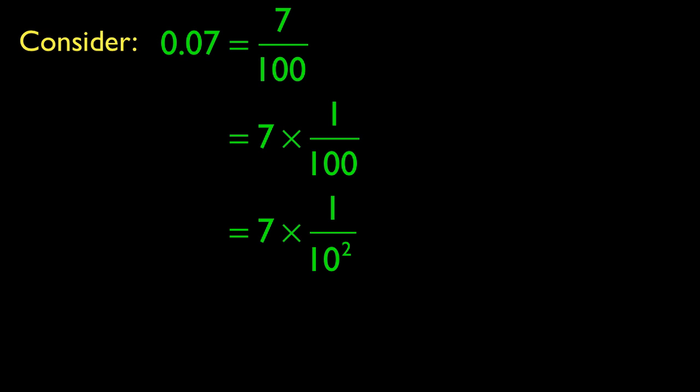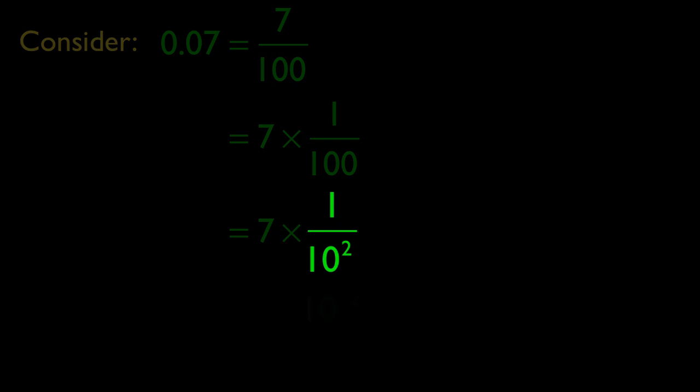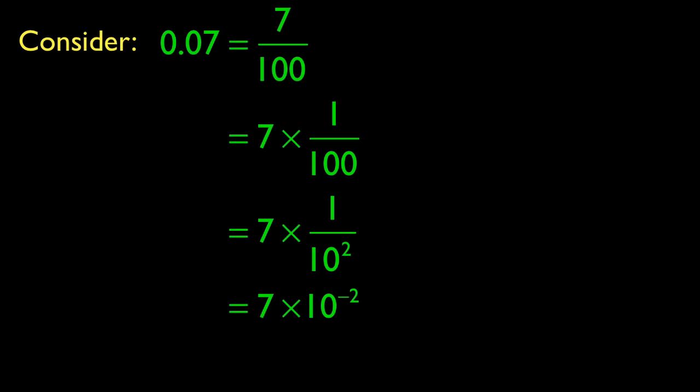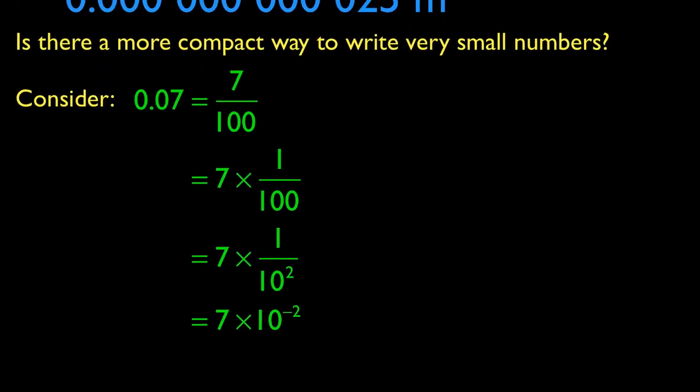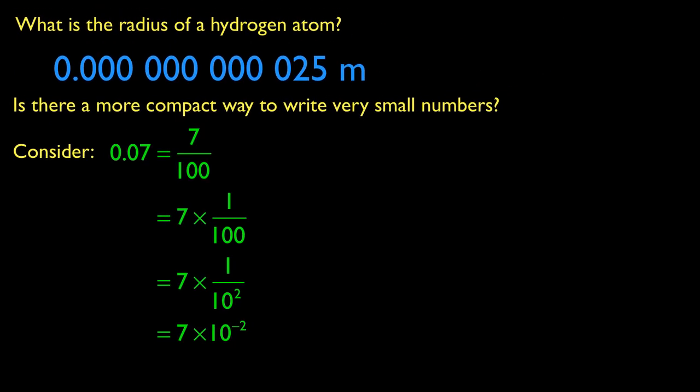Now, I also understand from the video that we did on negative exponents that 1 over 10 squared is the same as 10 raised to the exponent negative 2. So this is equivalent to 7 times 10 to the negative 2. That, in fact, is our scientific notation representation of 0.07. We say 0.07 is equivalent to 7 times 10 to the negative 2.